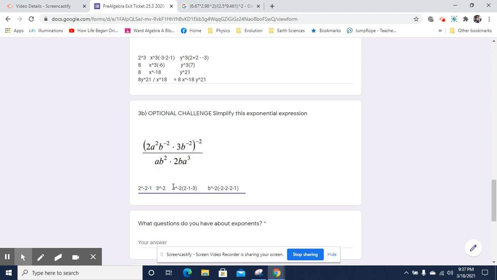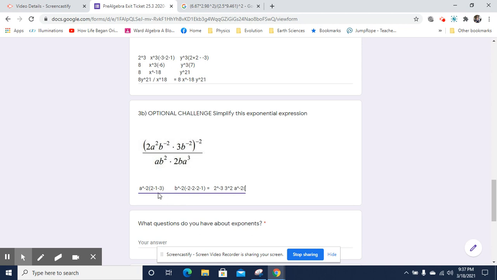So I'm going to go ahead and sort all these things out like this. So 2 to the negative 2 minus 1 is going to be 2 to the negative 3. And 3 to the negative 2, I got 3 to the negative 2. I'll put that there. I'm just going to put an equal sign here so I don't lose track of things. And then I've got an a to the negative 2 times all that stuff inside there. 2 minus 1 minus 3.